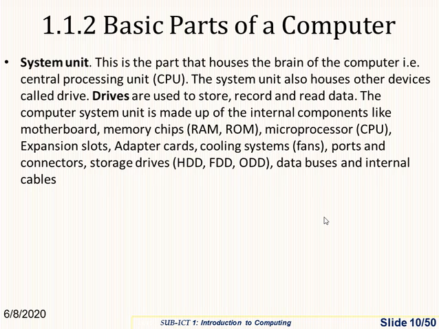The system unit is made up of internal components like the motherboard, memory chips, that's RAM and ROM, CPU, expansion slots, adapter cards, cooling systems, ports, data buses, internal cables, etc. So in simple terms, a system unit simply houses the internal components of the computer.